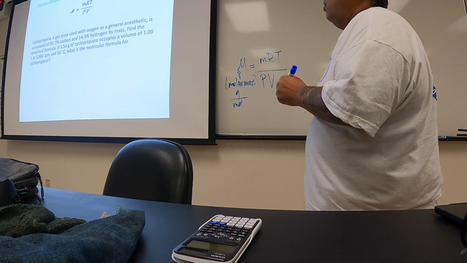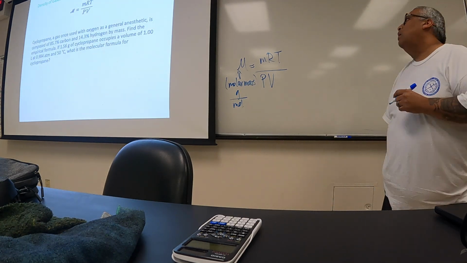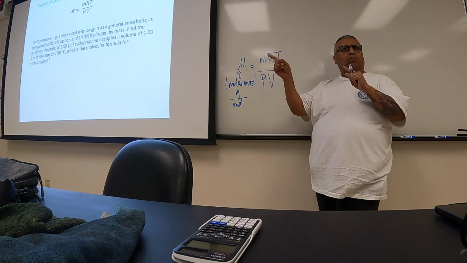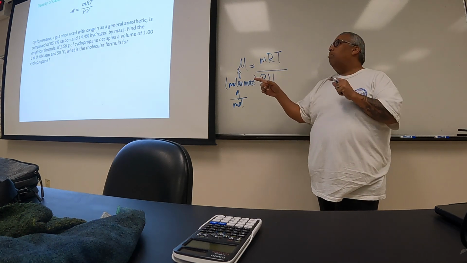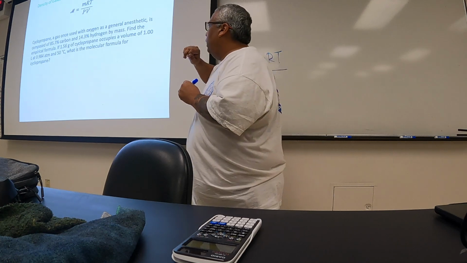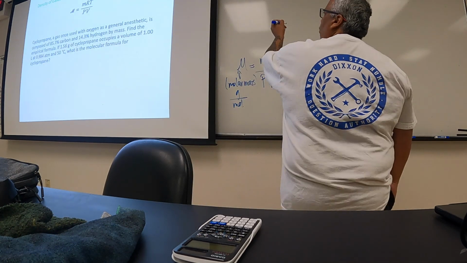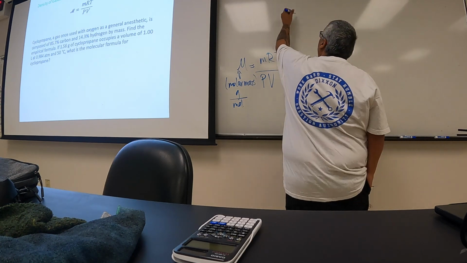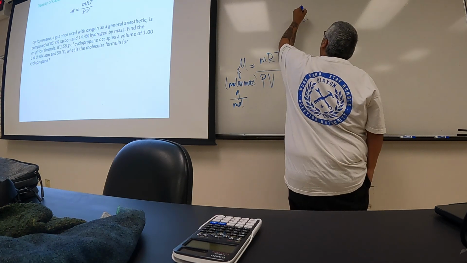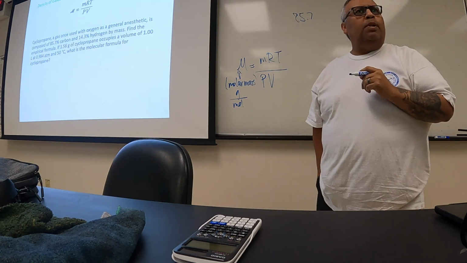In order to determine the molecular formula, we need to determine the number of moles. So this kind of combines what we've learned in previous chapters. Let me just write down some information. Currently we have 85.7% of it is carbon.